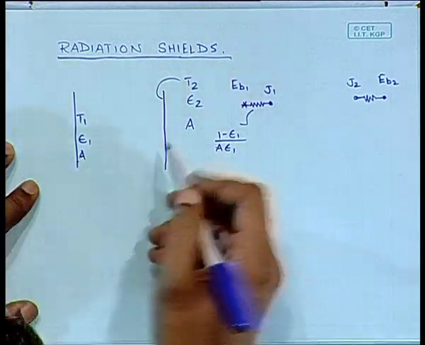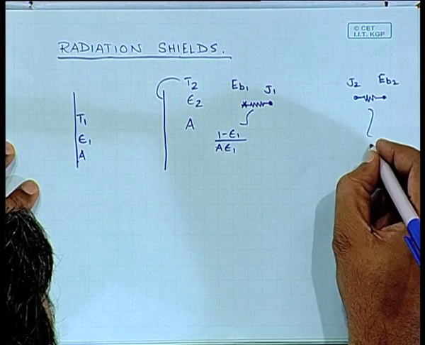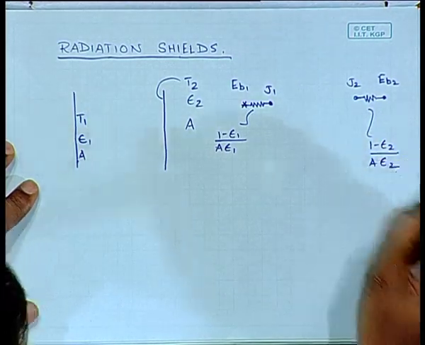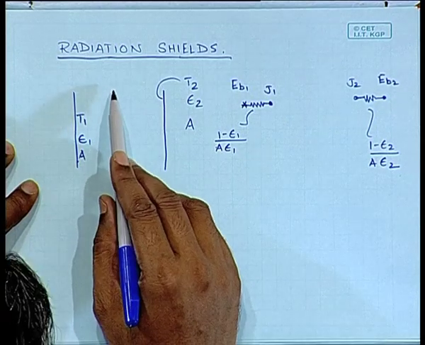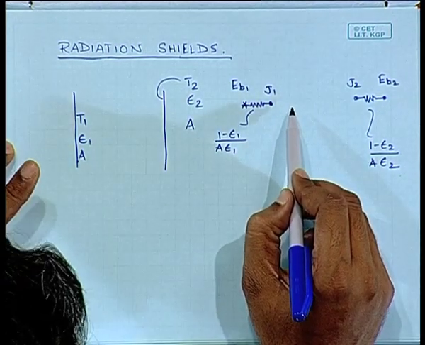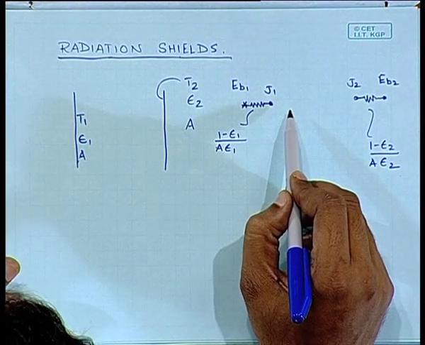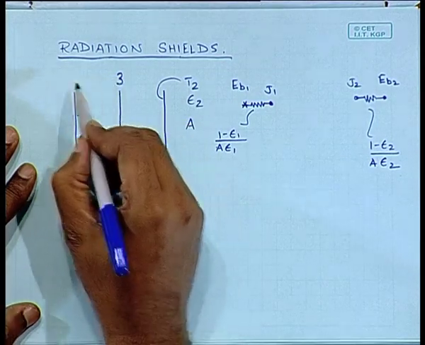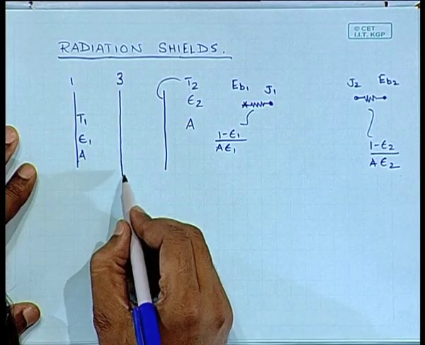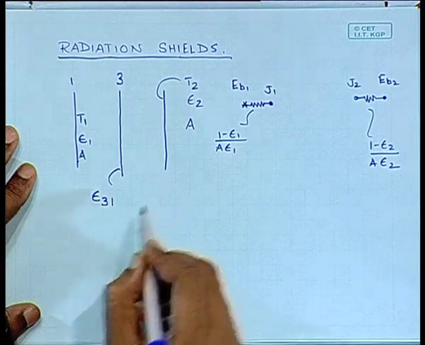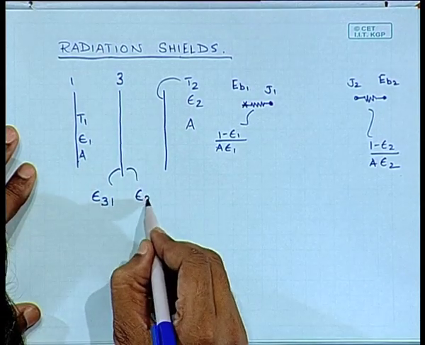So, A1 would be equal to A2. Similarly, this is going to be 1 minus epsilon 2 by A epsilon 2, and if we did not have anything in between, then the third resistance would be simply 1 by A F12. Okay. Now, I am placing another one in between that I am calling surface 3, and this has emissivity epsilon 3 facing 1, and this has epsilon 3 facing 2.